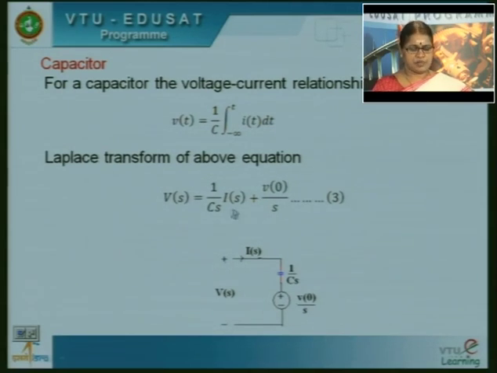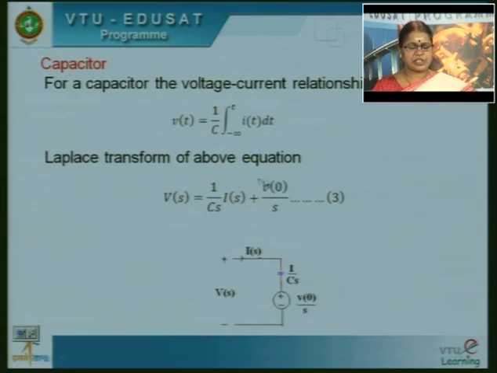The term I of s divided by Cs can be viewed as an element having an impedance of value 1 by Cs, with current I of s flowing through it. The impedance multiplied by the current gives the voltage drop, which is a voltage term. So, the first term, I of s by Cs, can be viewed as an element whose impedance is 1 by Cs and through which the current I of s flows.